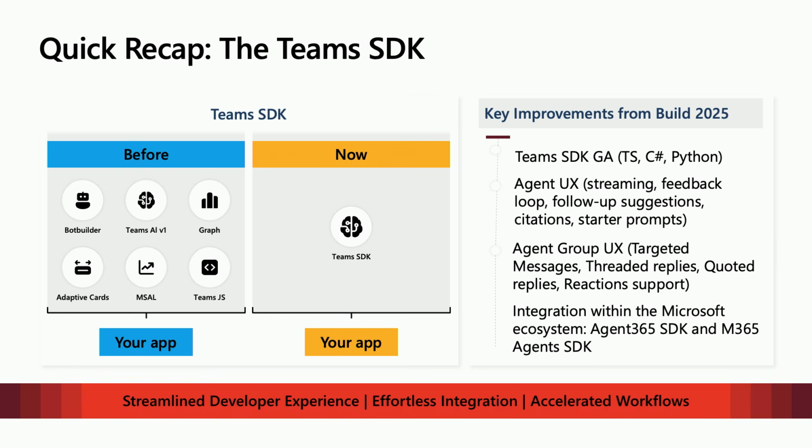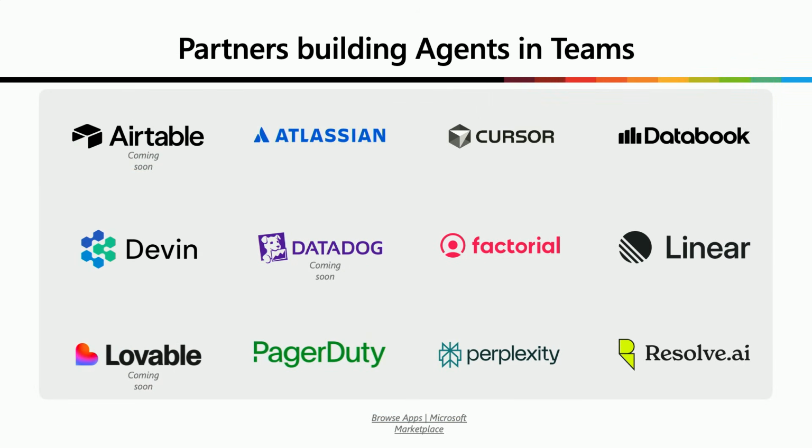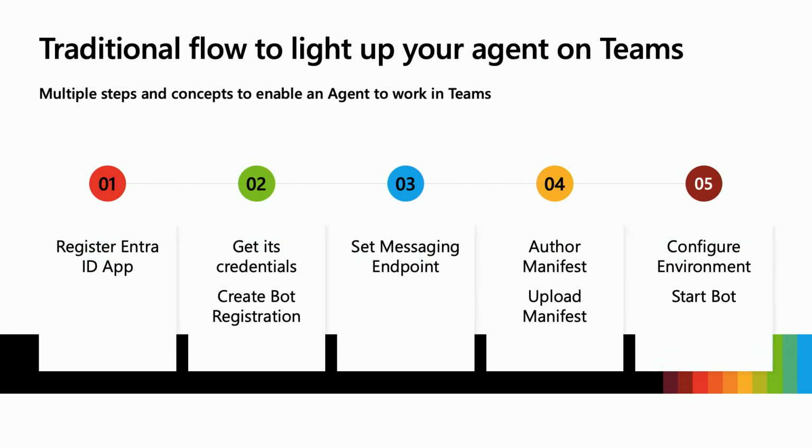Over the last year, since we last met you at Build, we've been working with a bunch of partners. We've been working with Cursor, Linear, Perplexity, Datadog, Atlassian. They're all building on the Teams SDK to benefit from the 320 million daily active users we have. And in the last year that we've been working with them, we did realize that the path to getting your agent successful on Teams is a long one.